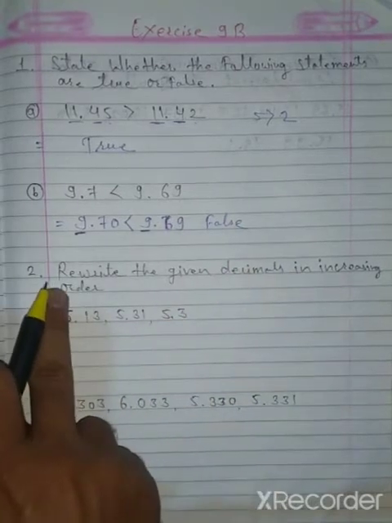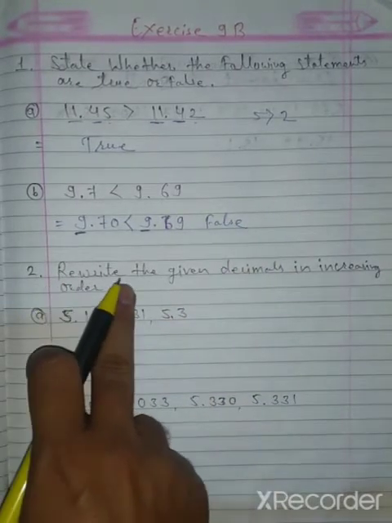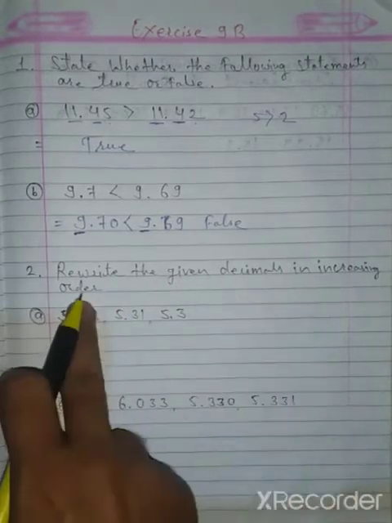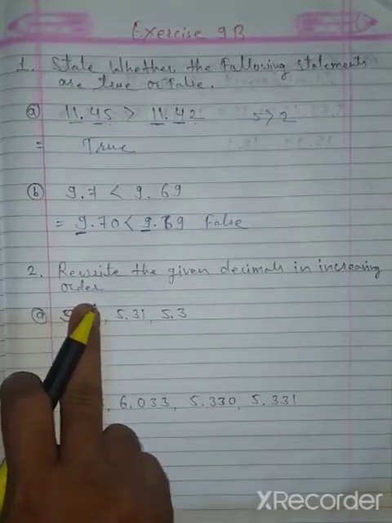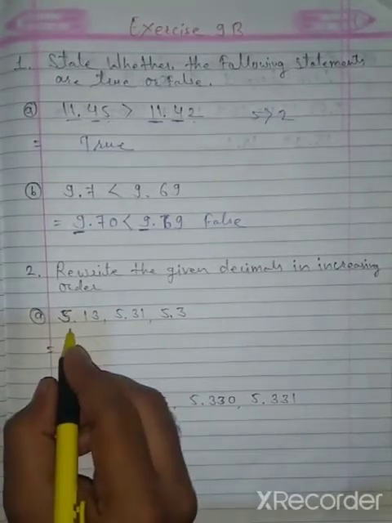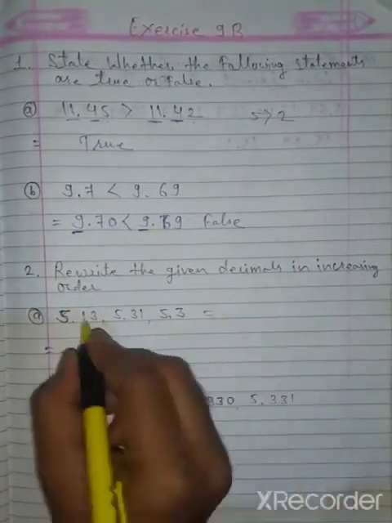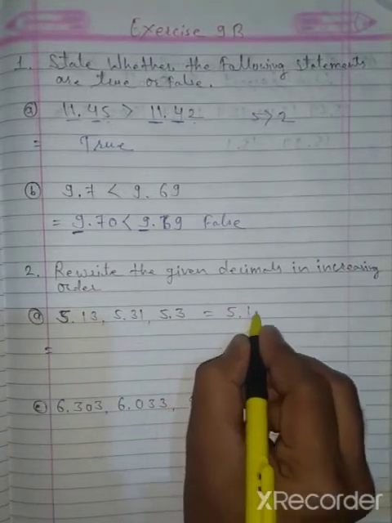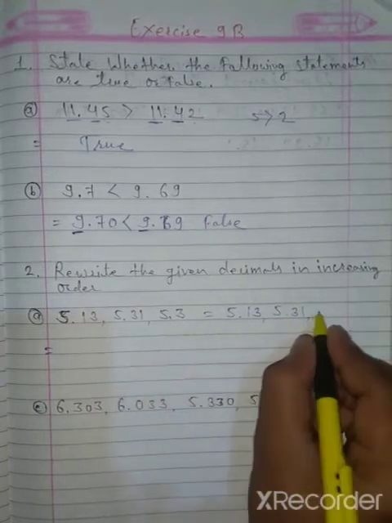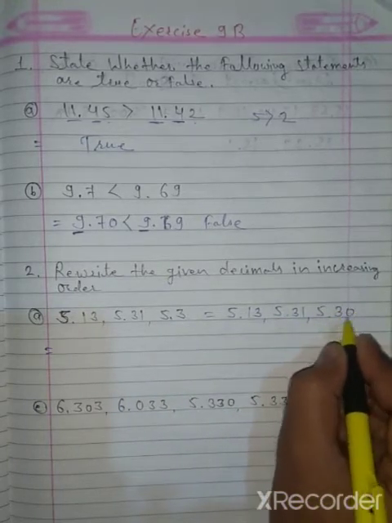Now check question number second. Rewrite the given decimals in increasing order. You have to write in increasing order. Increasing means ascending order. So first of all convert into like decimals. 5.13, 5.31, now 5.30.